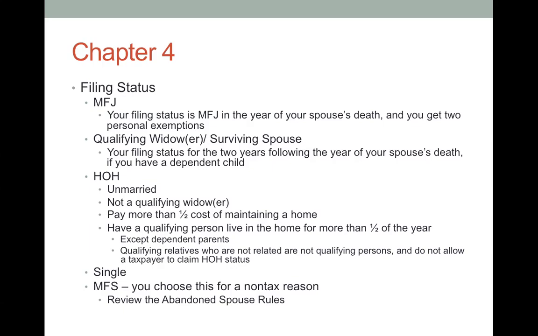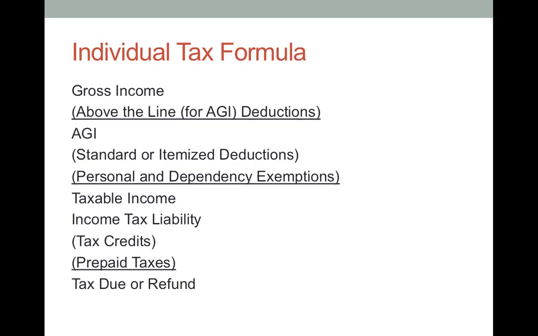Basically, the abandoned spouse rules allow you to file using head of household instead of married filing separately. Okay, technically, if you're still married, you should file a joint or separate married return. But if you're an abandoned spouse, then you can file as head of household instead of filing a separate return. So you might just review those rules and let me know if you have any questions.